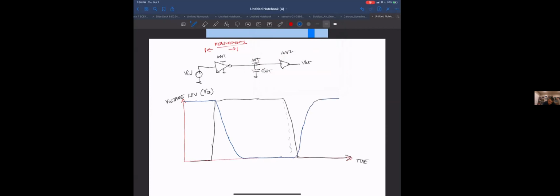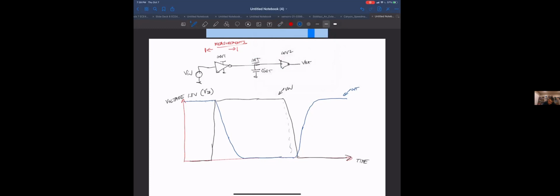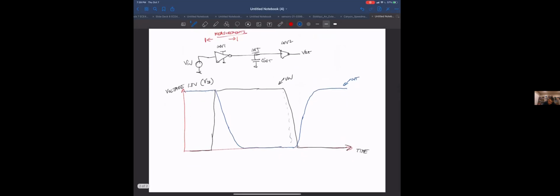So it's inverting, and it's going to do that. This is int, and this was Vin. Okay, so here are the definitions. There is propagation delay.